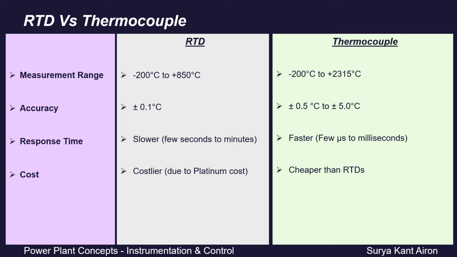Response time wise, RTDs are slower, a few seconds to minutes, and thermocouples are much faster, from microseconds up to milliseconds. Cost wise, RTDs are costlier due to platinum cost, and thermocouples are definitely cheaper than RTDs.